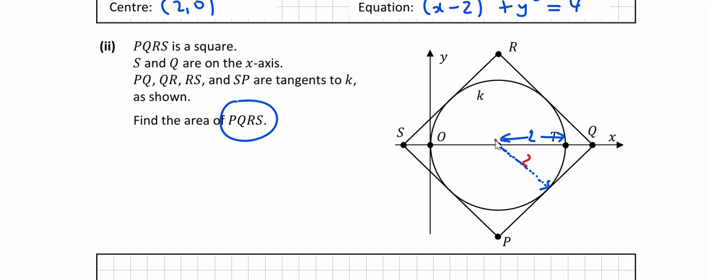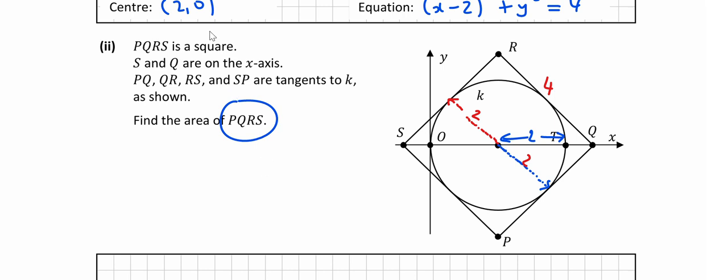If I extend that going across, I don't know if you can see where I'm going with this, but that distance must be 2 because that is also a radius. Now you've got a diameter. The diameter is 4, and it is parallel to one of the sides of the square. So you've got a side length of the square to be 4.